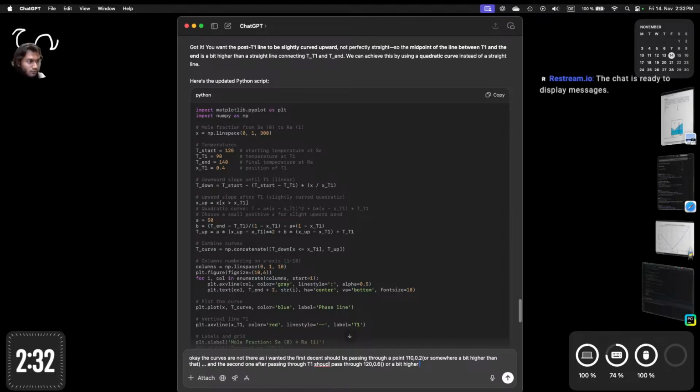But the line should be curved in a way that it passes through these points specific to the descent and ascent.